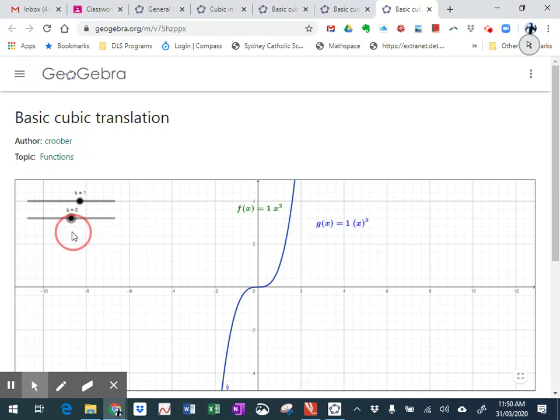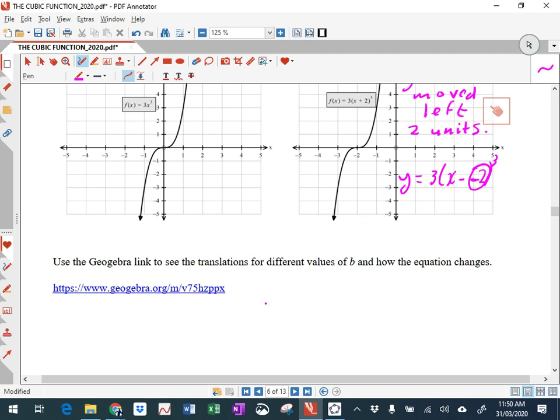If I take it back to the origin, now look at the equation. x plus 1 cubed is just the basic cubic moved left by 1 unit, and then x plus 2 cubed is the basic cubic moved left by 2 units, and so on. You can have a play with that, and we'll go back to this one.